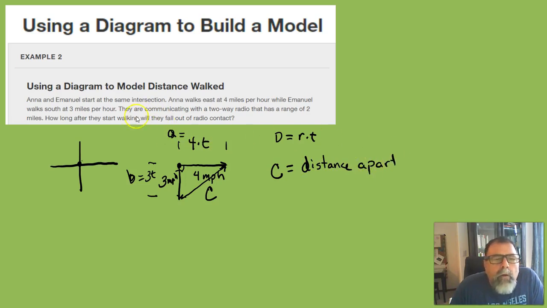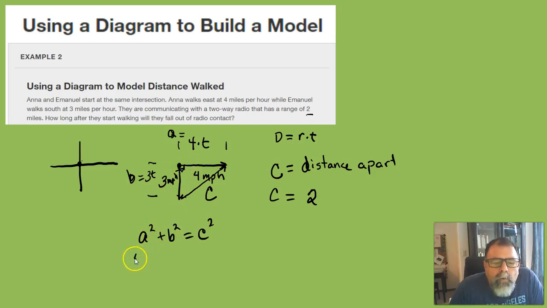And they want to know when are they going to be 2 miles apart, right? Because that's when they're going to fall out of radio contact, because the range is 2 miles. So we want to say, when is C equal to 2? So we know that A squared plus B squared equals C squared if this is a right triangle.